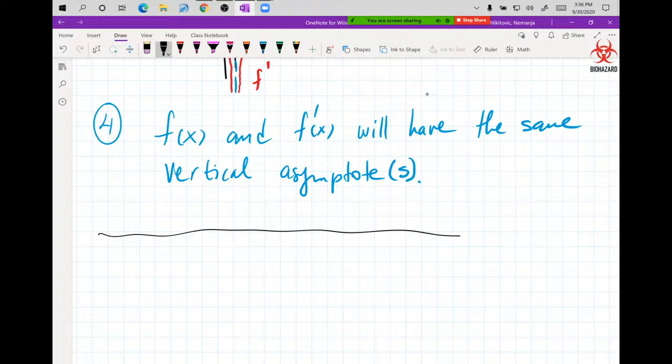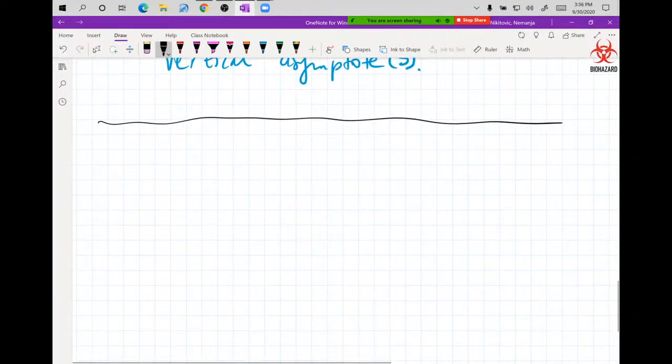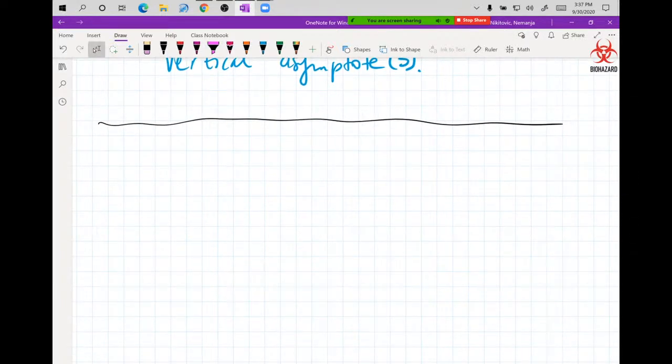There is also one more thing that I am going to mention now, and that is, what if your function is constant? So f of x equals constant, C. What do you think the derivative would be in this case?